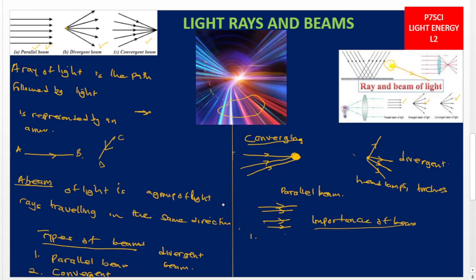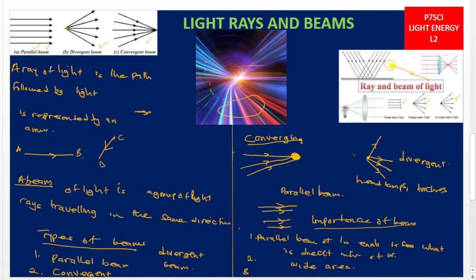One, the parallel beam of light enables us to see what is directly in front of us. Then two, the divergent beam enables us to see over a wide area. So the divergent, those ones that are scattering, enable us to see over a wide area.